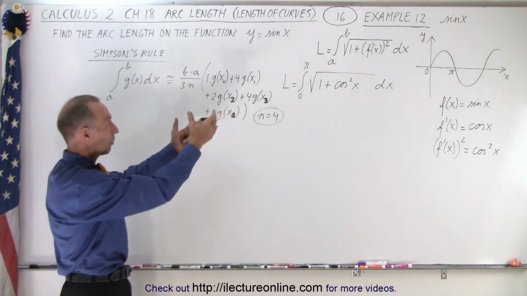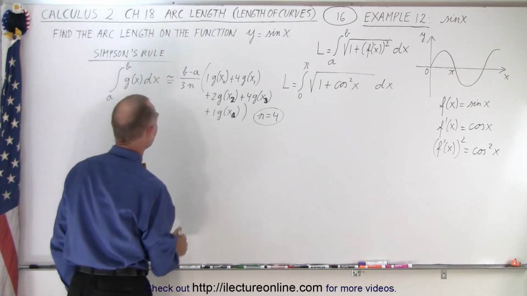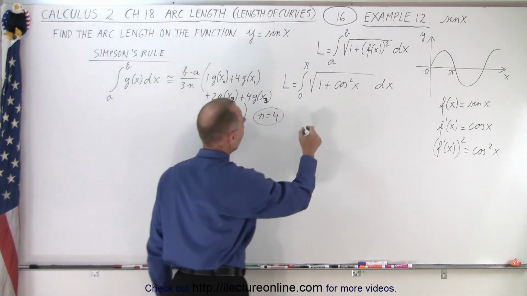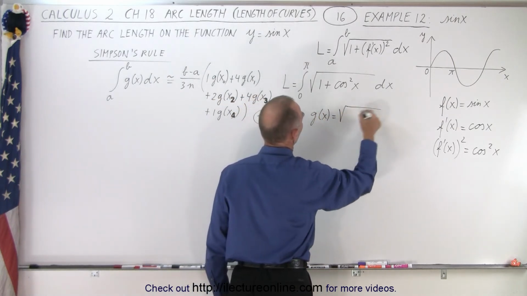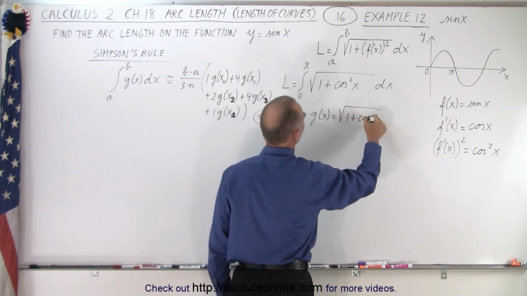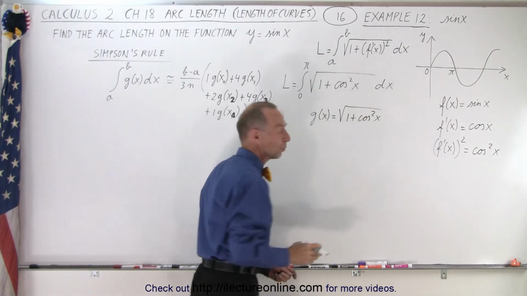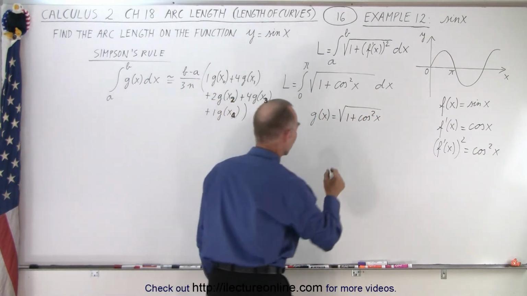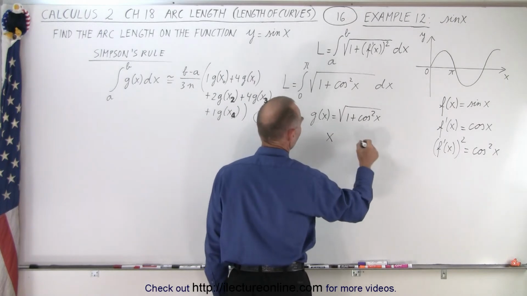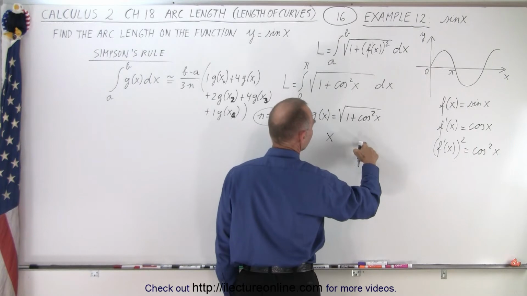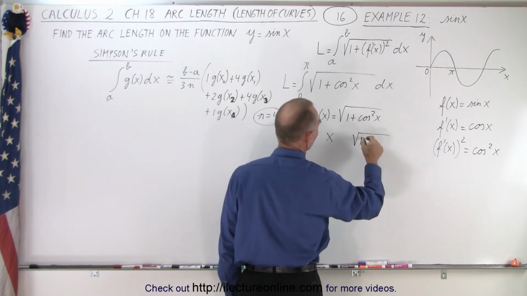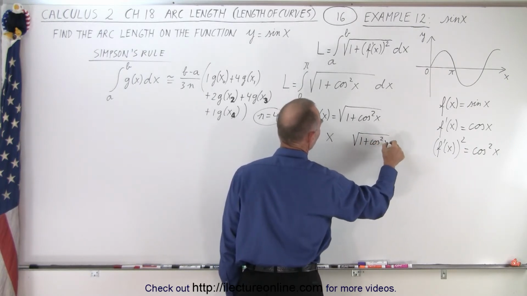Applying that to our example, g of x in this case is equal to the square root of 1 plus the cosine squared of x. So we need a table of values. We're going to have a number of x's, and the square root of 1 plus the cosine squared of x.